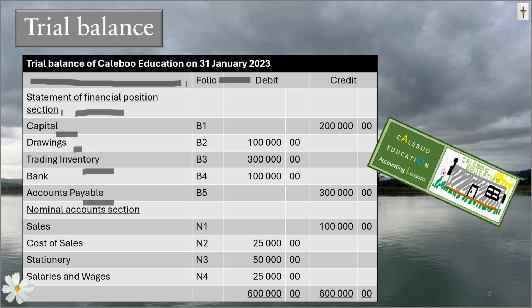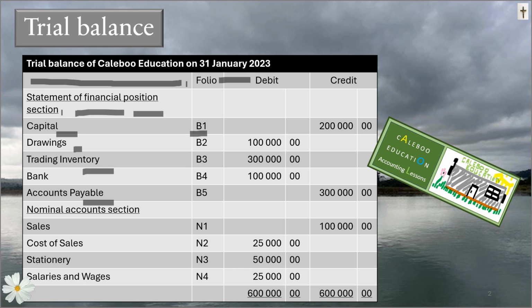So that is the accounting equation: assets equals owner's equity plus liabilities. But in this balance sheet section or statement of financial position section, you've got your owner's accounts, assets and liabilities.